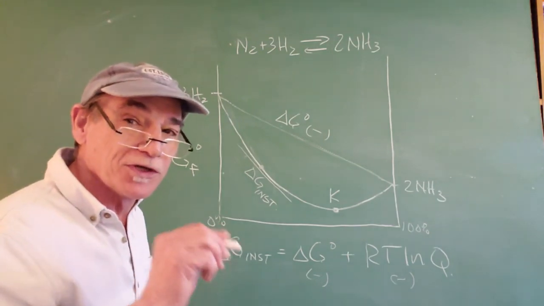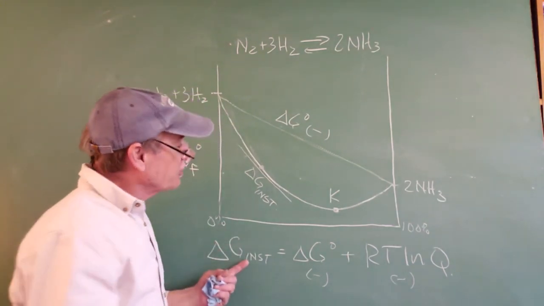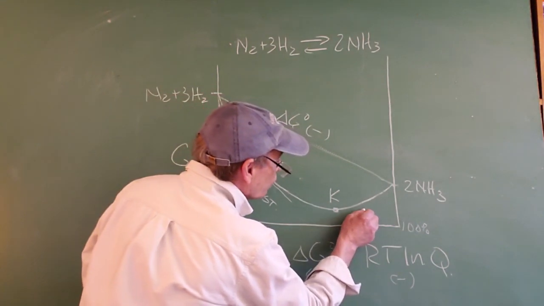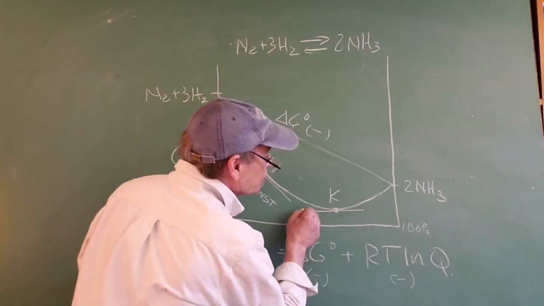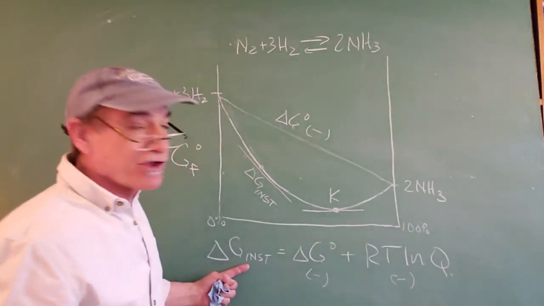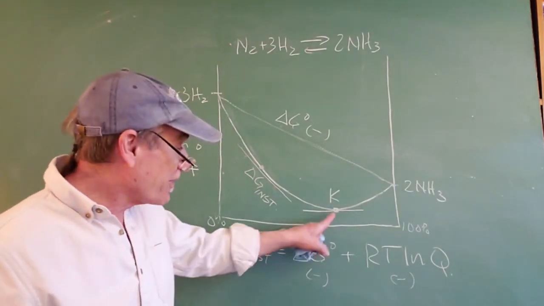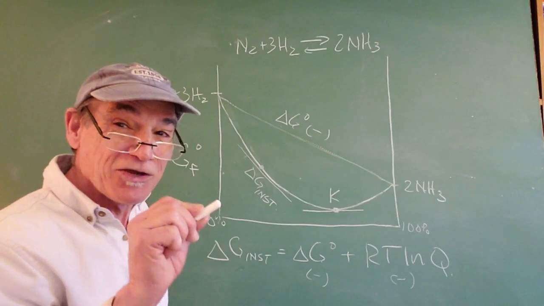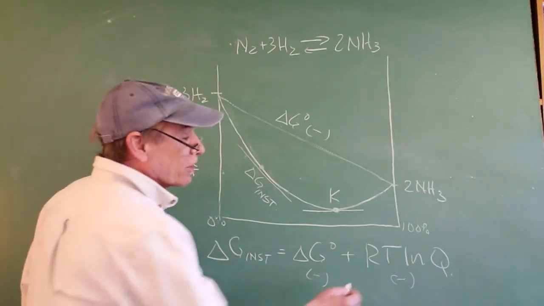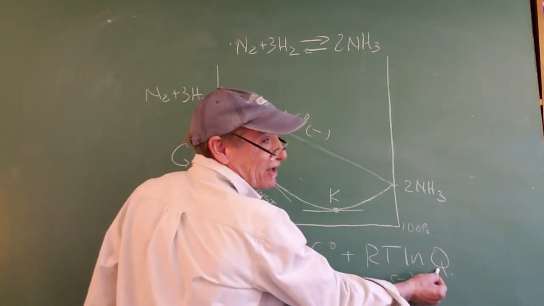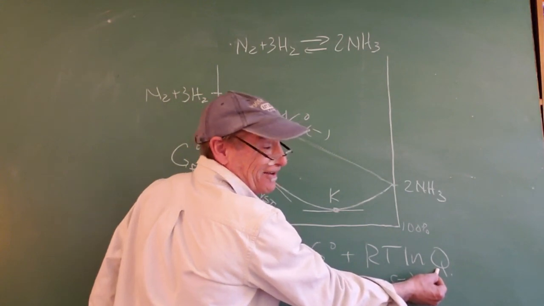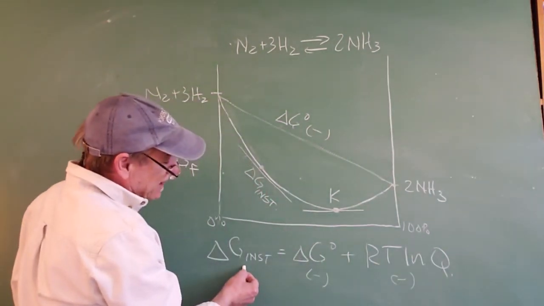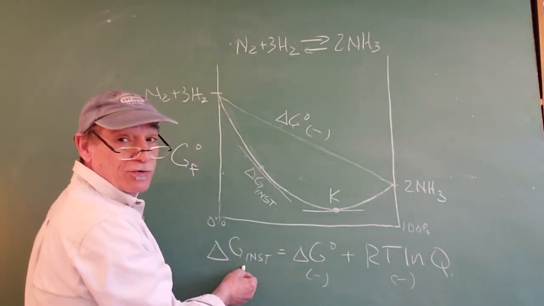Once we reach equilibrium, however, this delta G instantaneous would be the slope of this tangent right at the bottom of the curve. Well, the slope of that tangent is 0. So at equilibrium, where Q is not Q, it's K, the delta G instantaneous is 0.